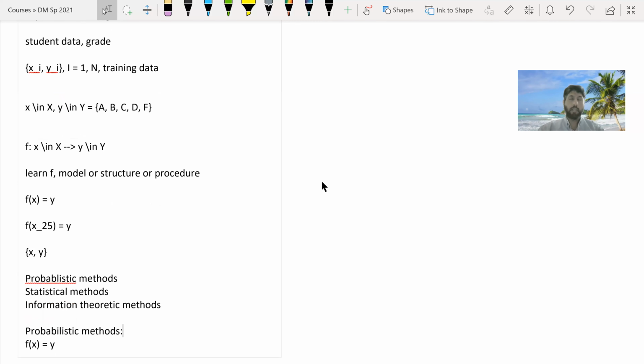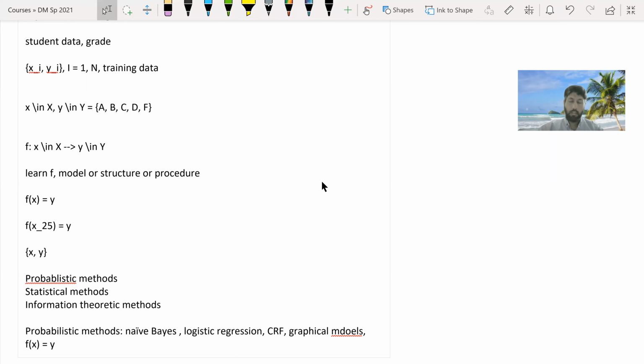So just to give some examples of probabilistic methods, what all comes in there? You have the naive Bayes classifier, we have logistic regression, we can also have the conditional random field, which is a probabilistic graphical model, and in general, graphical models are also probabilistic.